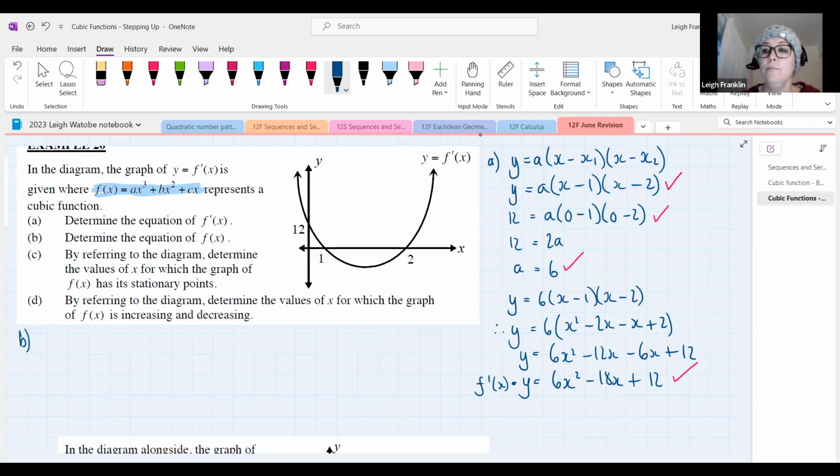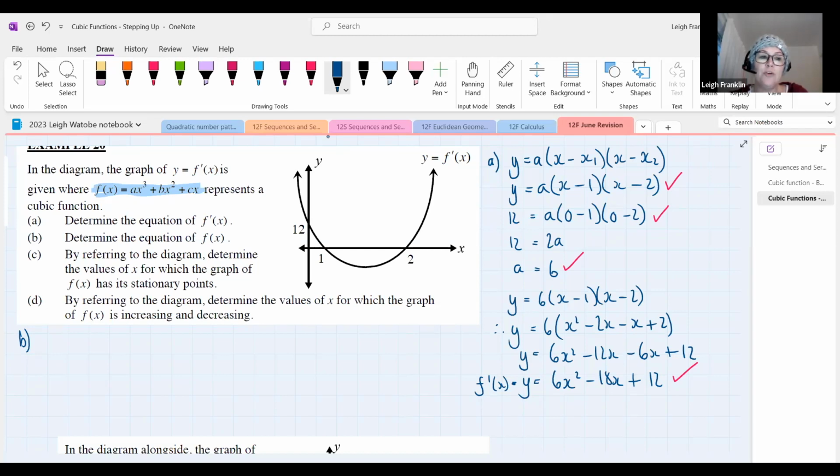Won't we use this 6x squared minus 18x plus 12, and then sub that into the bx squared, cx, and whatever? You're right that we're going to use the first derivative, so the 6x squared minus 18x plus 12. But we've got to think how that is related to f of x.